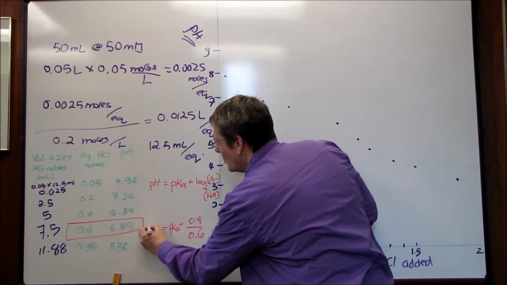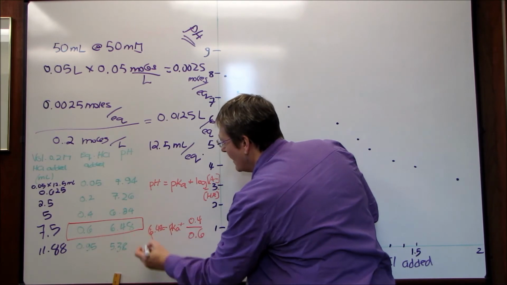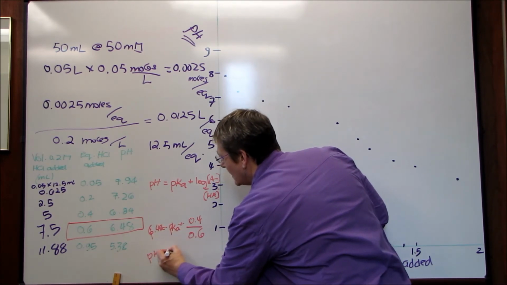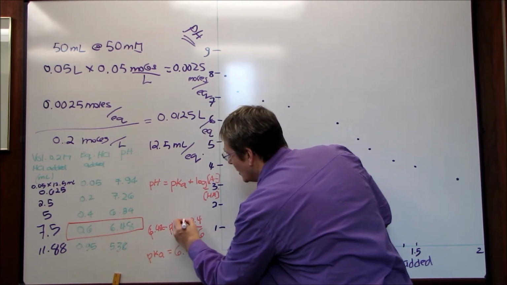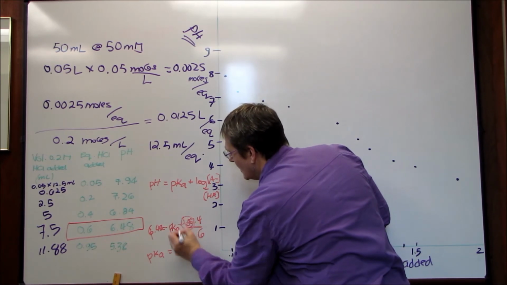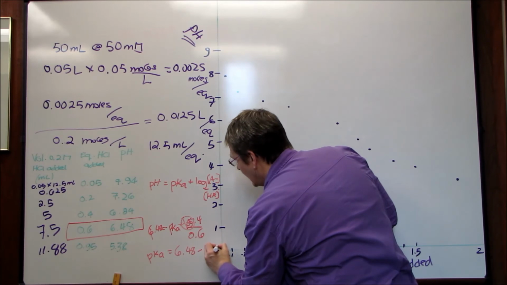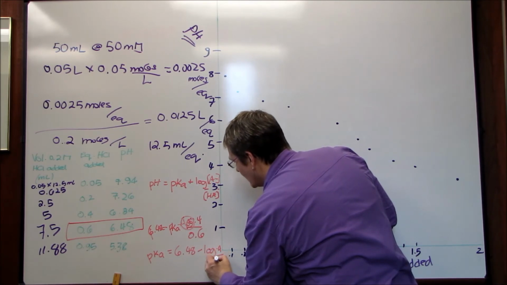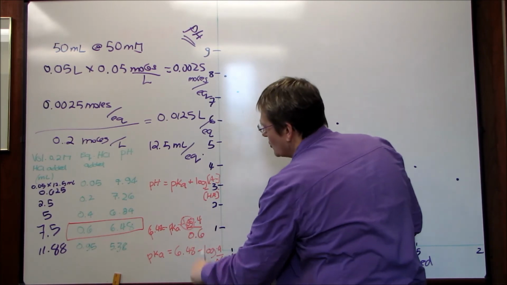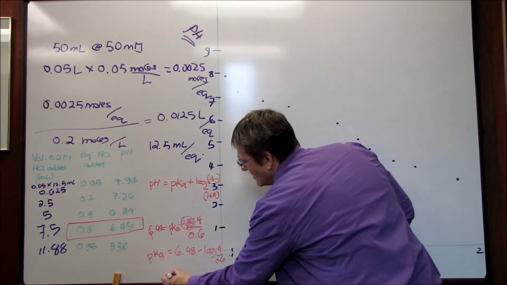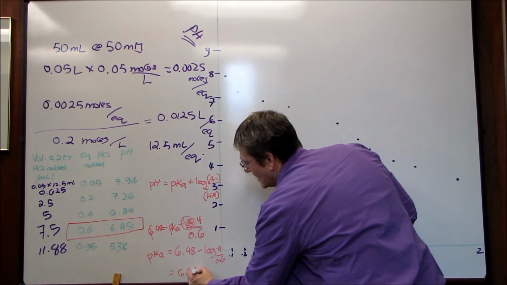The pH was 6.48. Rearrange this to solve for pKa. There's a log here, sorry, it's missing. 6.48 minus the log of 0.4 over 0.6. So I just rewrote that, and that gives me a value of 6.66.